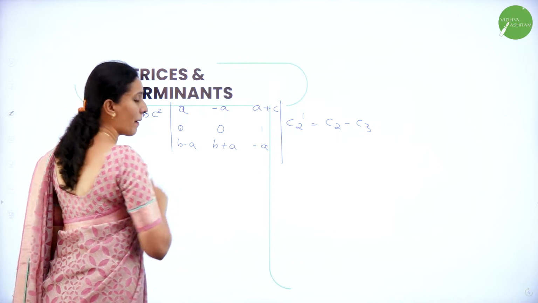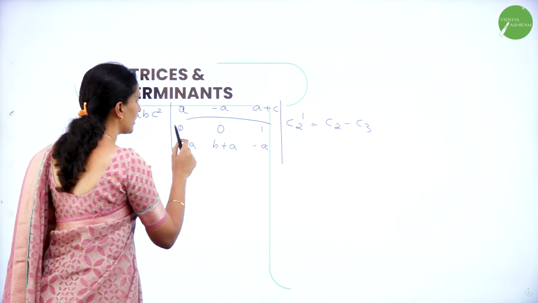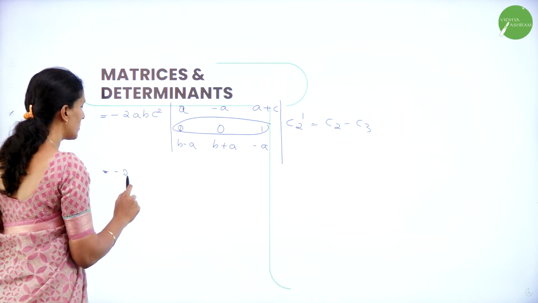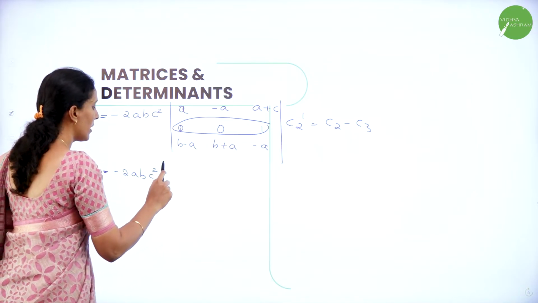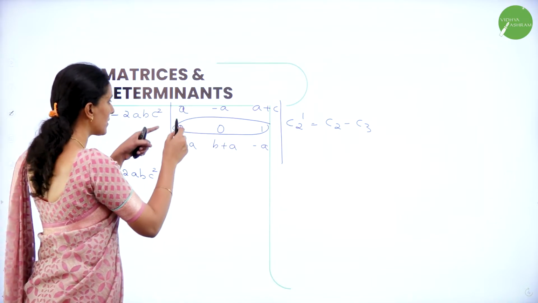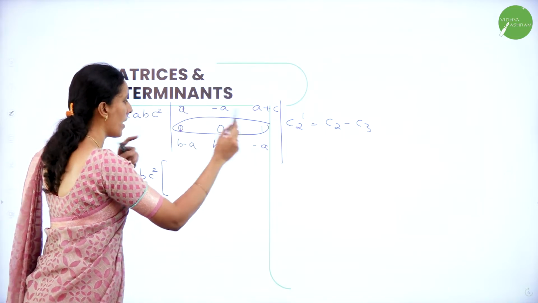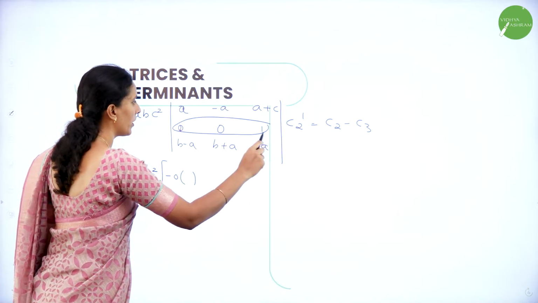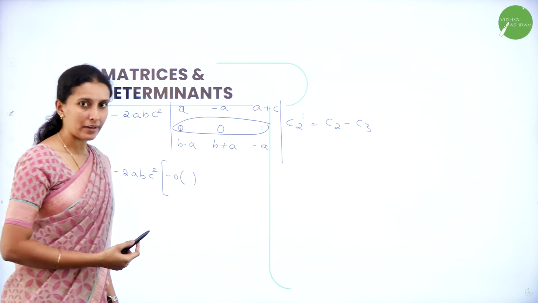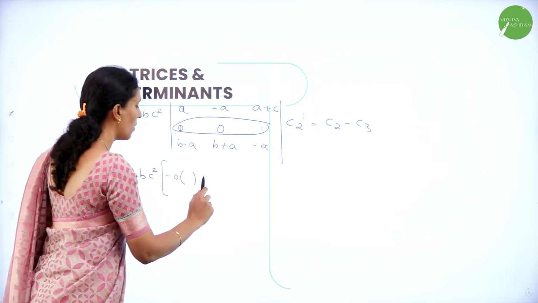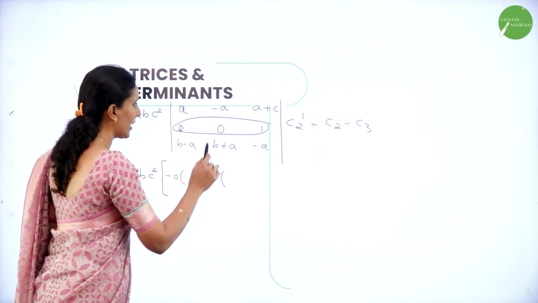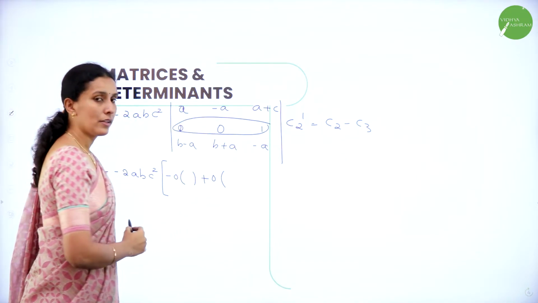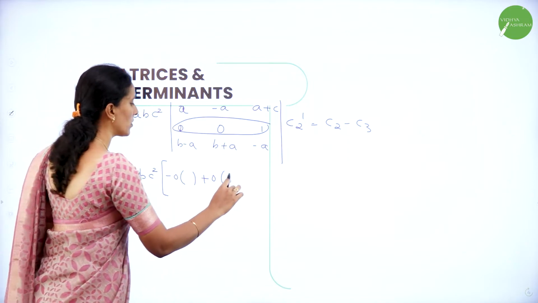Now, expand the determinant using the second row. Clearly you can see minus 2abc square, expand the determinant. The signs are minus, plus, minus. So minus 0 into anything, deleting the row and column, whatever factors you have, you will get the value as 0. Plus 0 into anything, again deleting the row and column of 0, the factors will become 0.